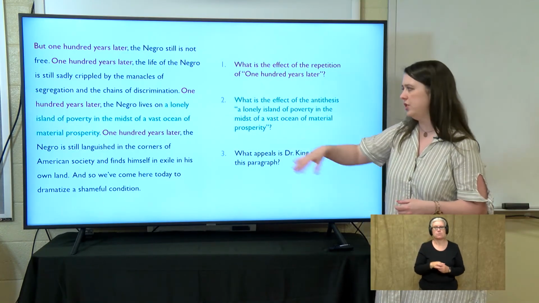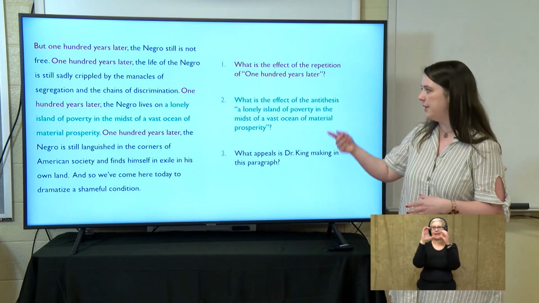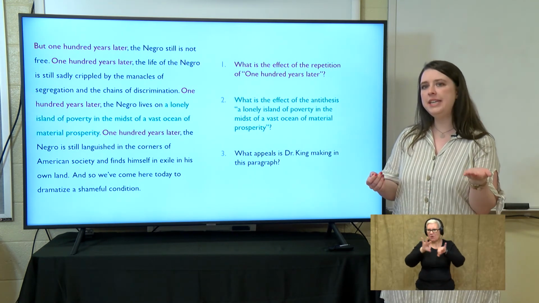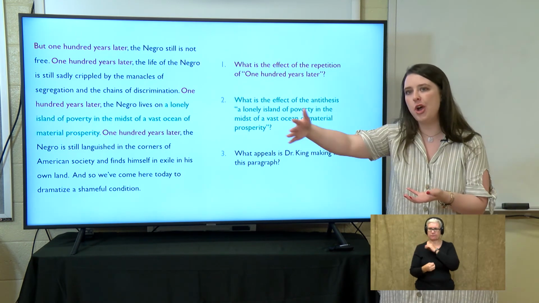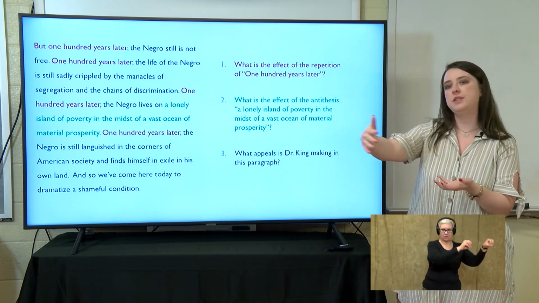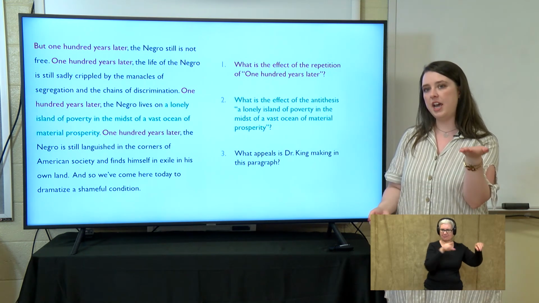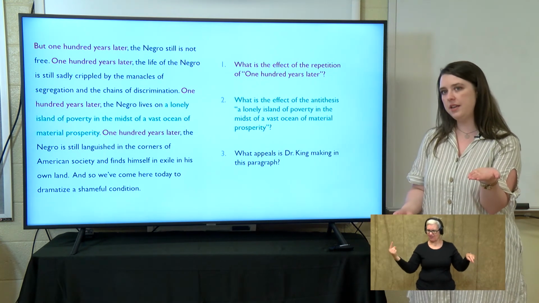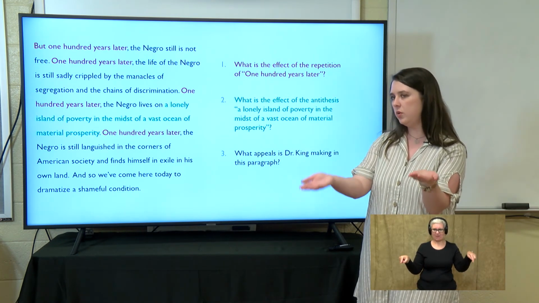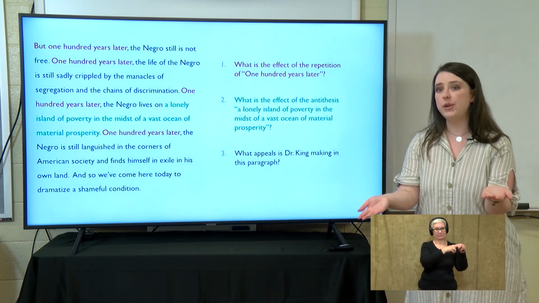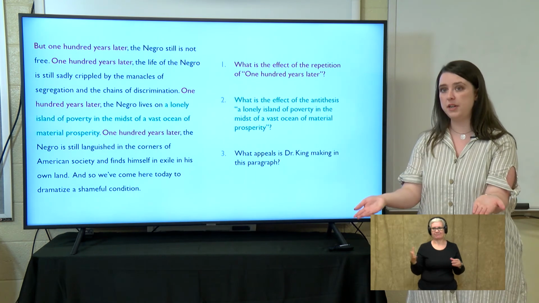What is the effect of this antithesis? I went ahead and showed you the antithesis here. It's in green. A lonely island of poverty in a vast ocean of material prosperity. On one hand, we have this lonely island of poverty, but it's juxtaposed with that opposite but equal idea of material prosperity. Poverty, prosperity.